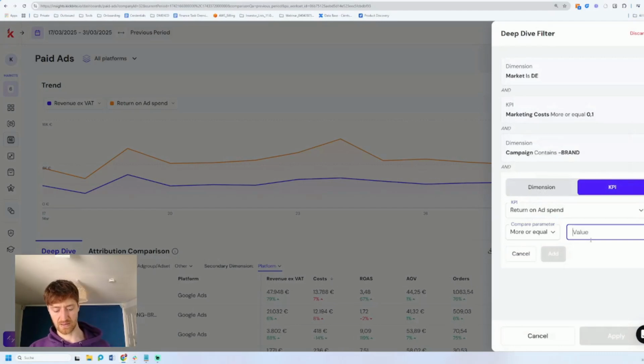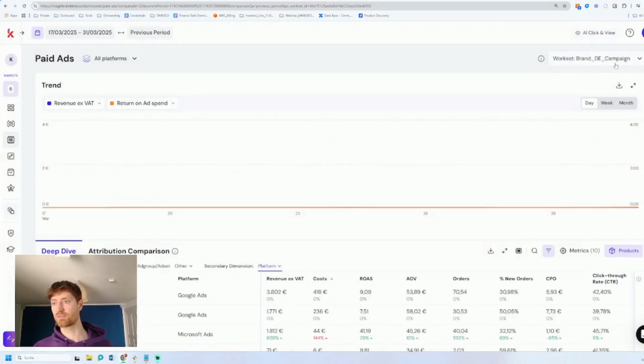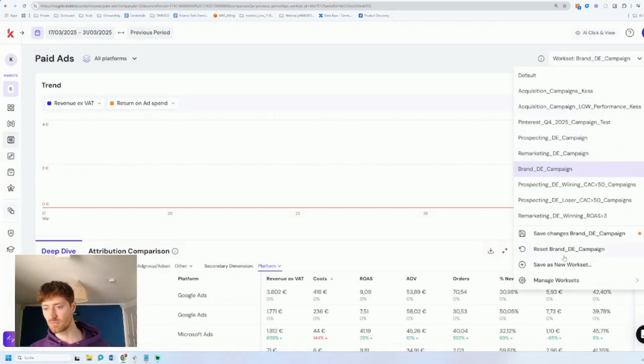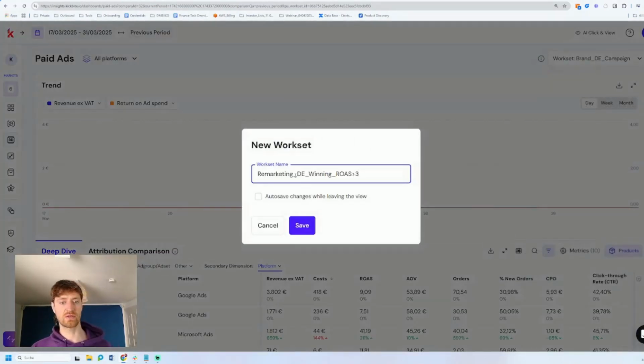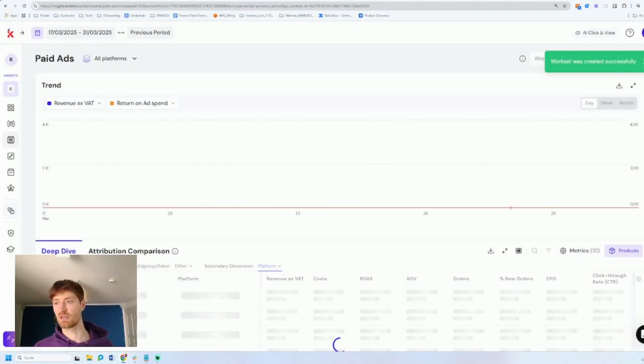We go a bit higher. We say 6. Save new work set. We call this brand DE winning ROAS greater than 6.